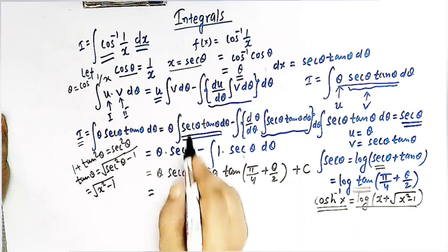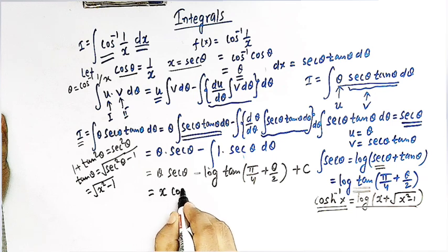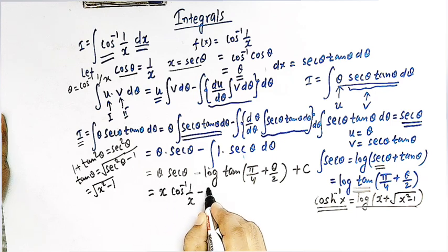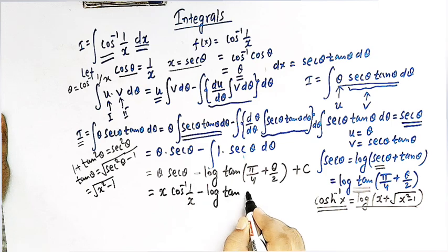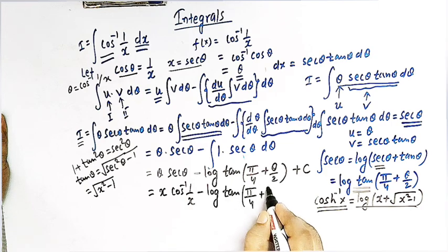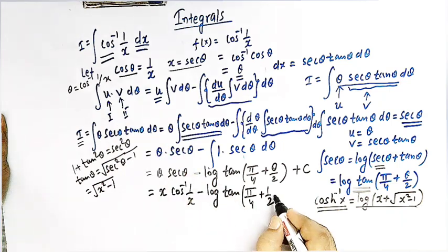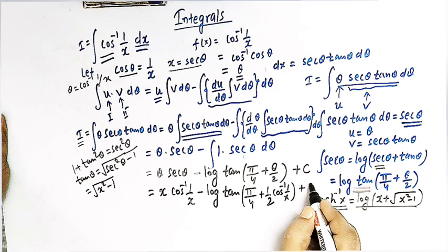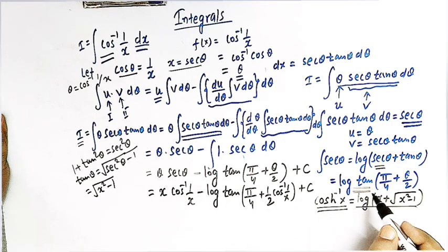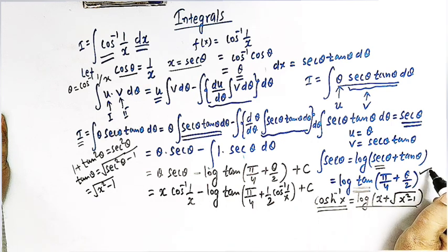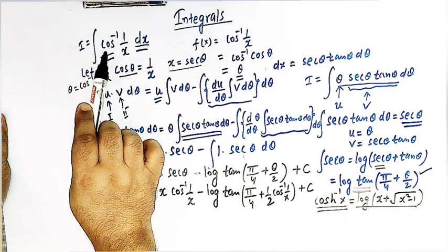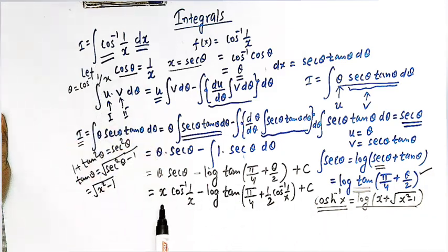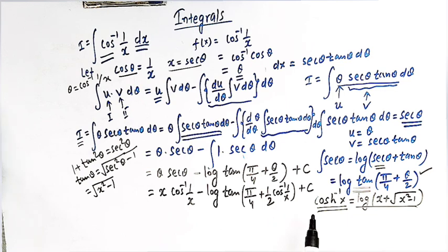And then secant theta is x, and theta is cos inverse of 1 over x, minus log tangent of pi by 4 plus half cos inverse of 1 over x, plus c. So in that case, the value of this integral would have been x cos inverse 1 over x minus logarithm of tangent of pi by 4 plus half cos inverse 1 over x, plus c.